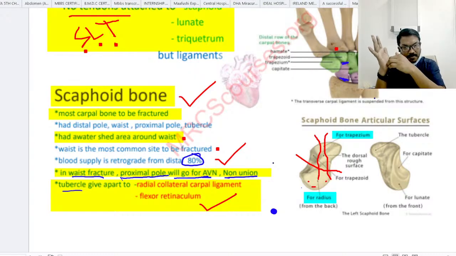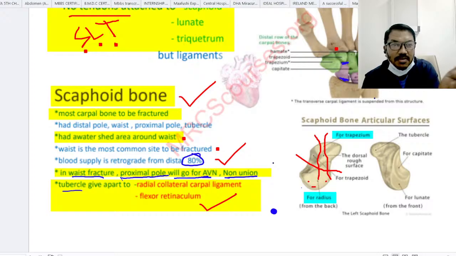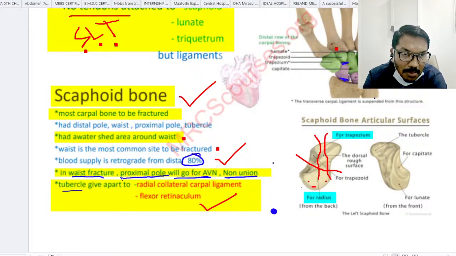Distal to proximal. That's why if there is any fracture, and its blood supply is coming in this direction, distal to proximal, so if there is any fracture at this level, which part will be affected? Proximal part or distal part?